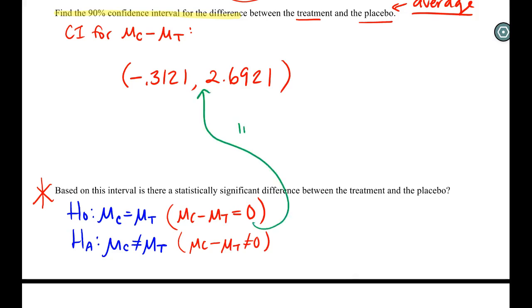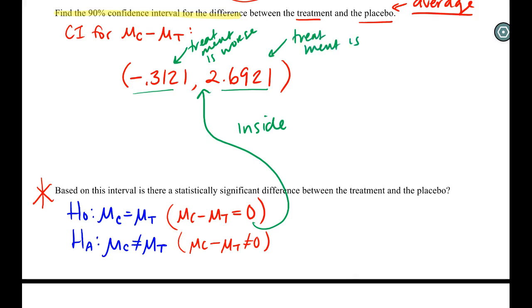Since 0 falls inside my interval, it is possible that there is no difference. The fact that this goes from negative to positive says that the treatment could be worse than nothing at all, actually making them more depressed by 0.3 points, and here the treatment is better. So without more information, without a larger sample size, we cannot say anything.